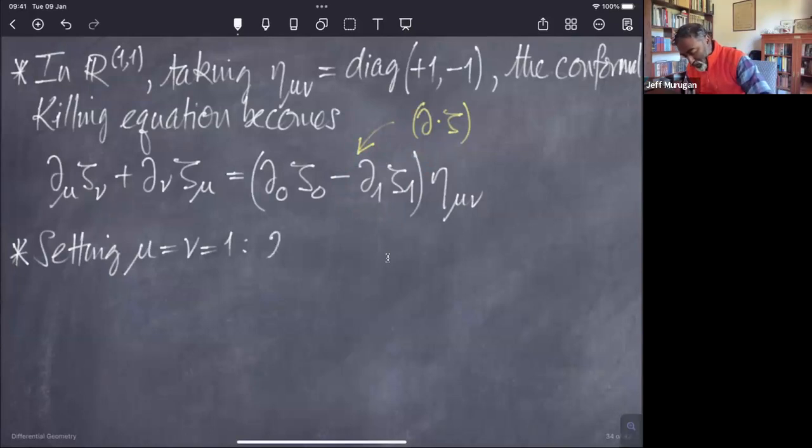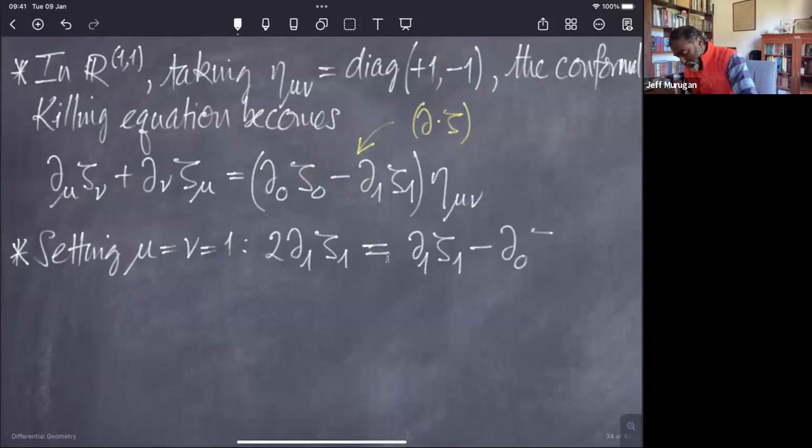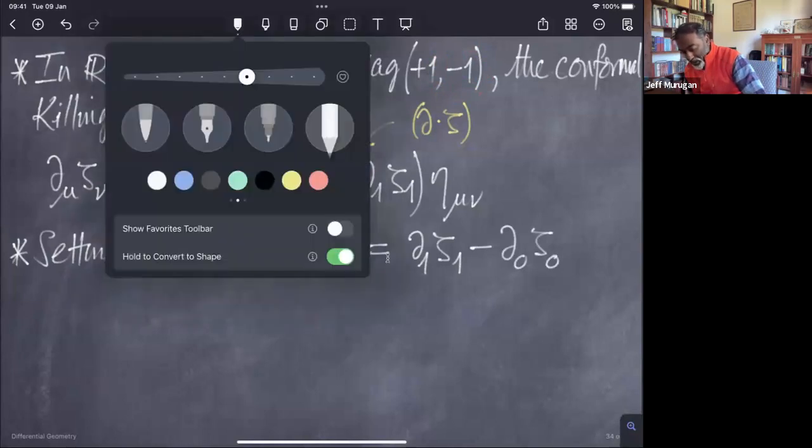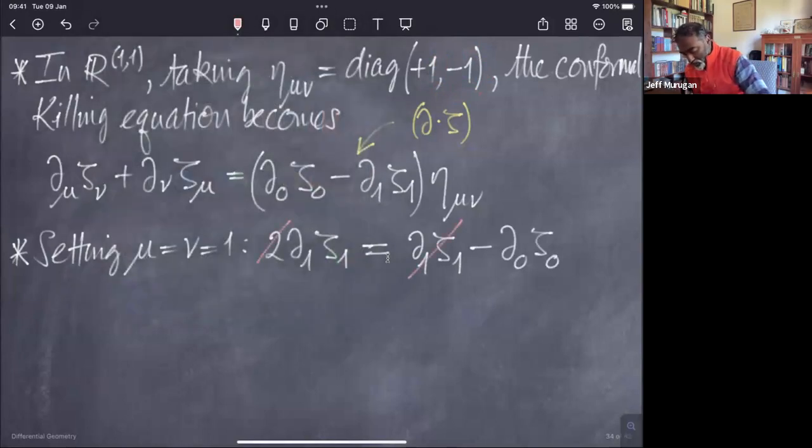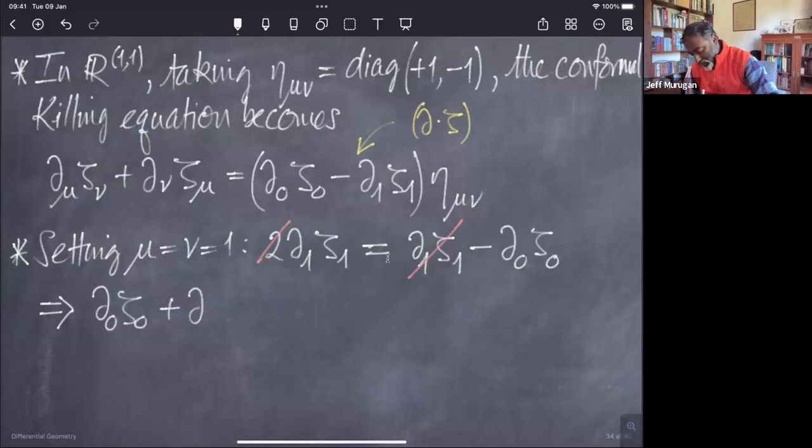This would be 2 d1 zeta 1 on the left hand side, and on the right hand side, eta 1 1 is -1, so that exchanges this sign here, so that becomes d1 zeta 1 minus d naught zeta naught, and this will take out one of these factors, so that the result there is that d naught zeta naught plus d1 zeta 1 is equal to 0.